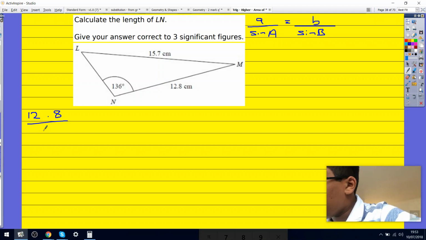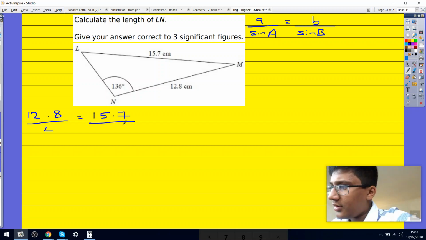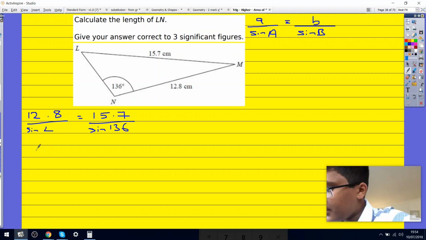So then we want A on its own to get that angle. So you're trying to find a missing angle. What would be easier then? If we just reciprocated both of these, then sine A over 12.8 equals sine 136 over 15.7.